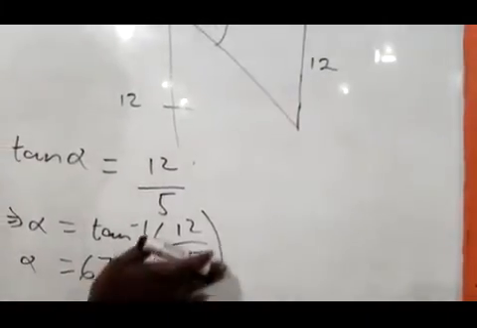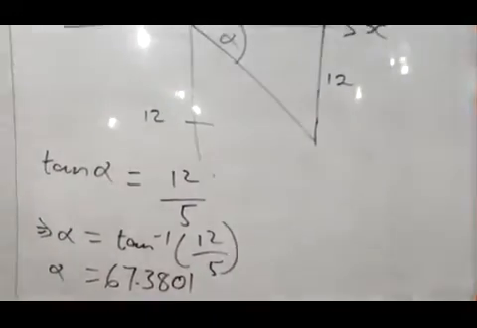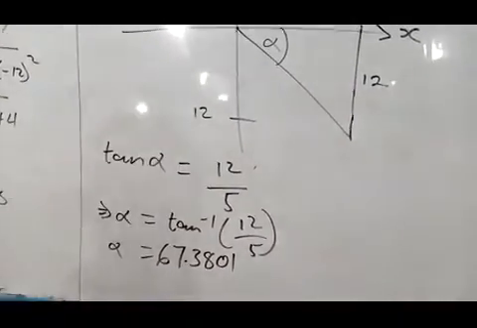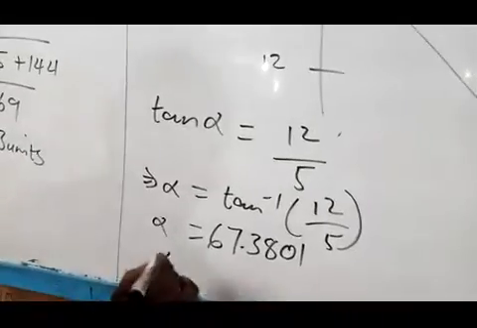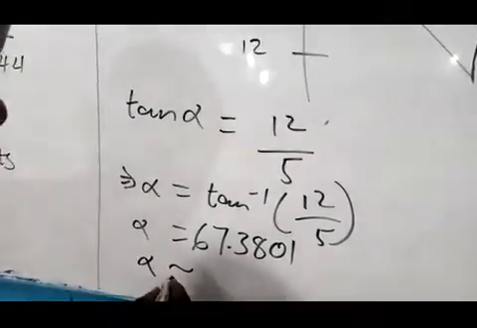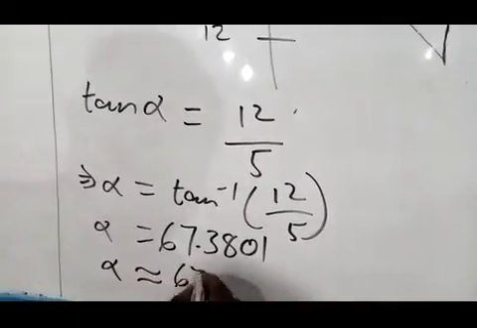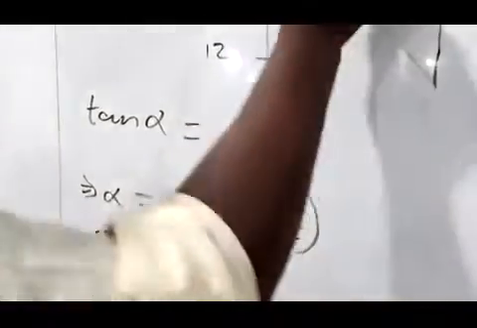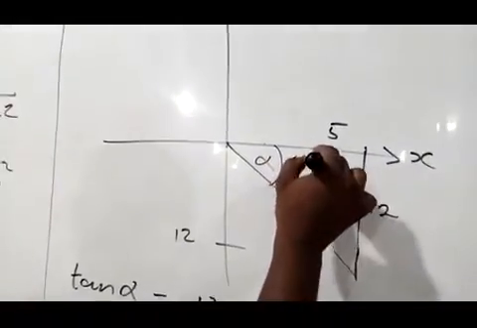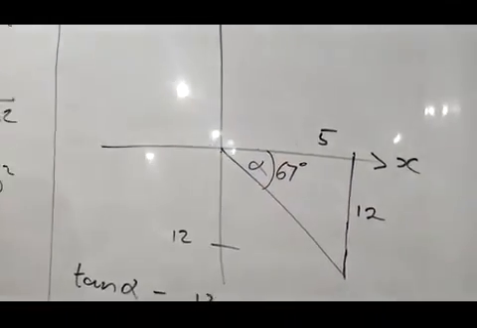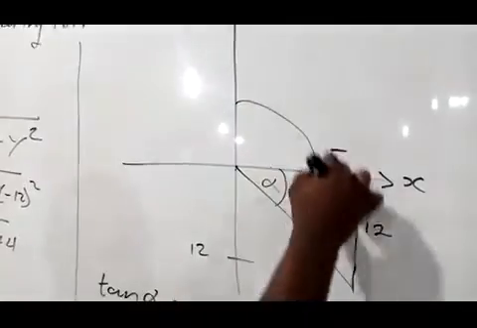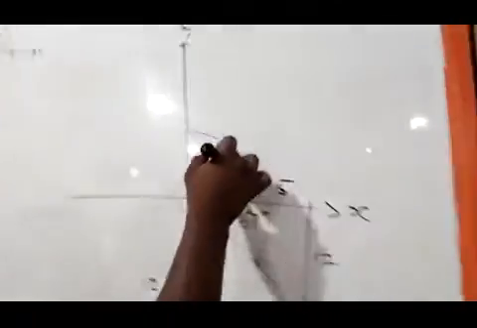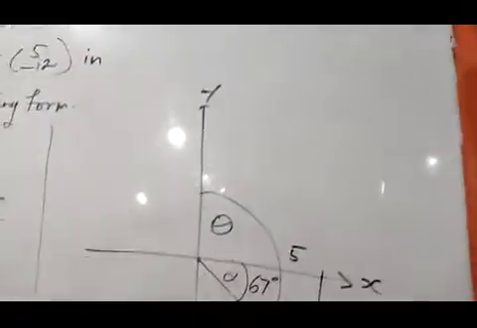67.3801. Let's say it is approximately 67 degrees. Now with the alpha got as 67 degrees, we can find the theta, which happens to be the bearing.